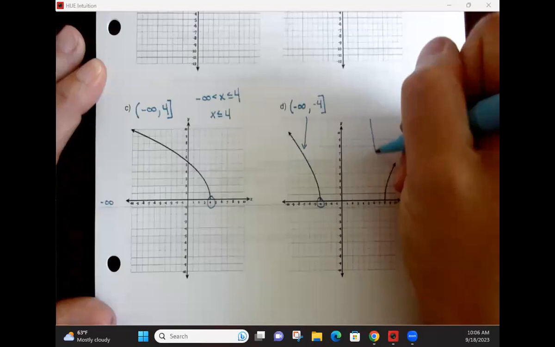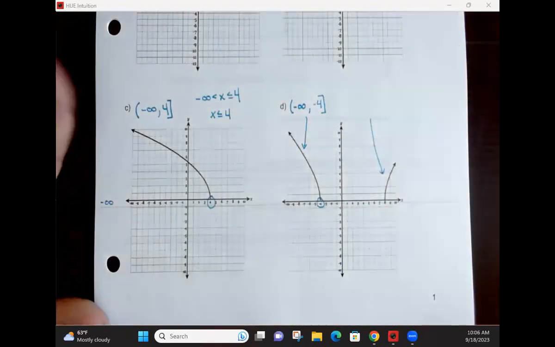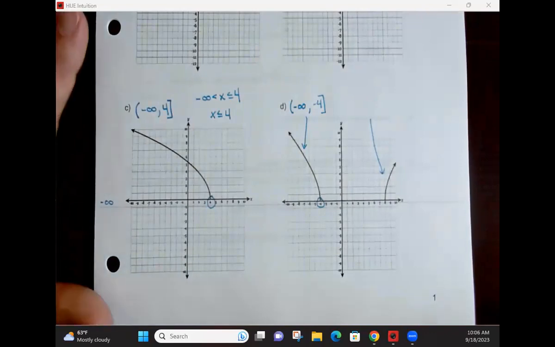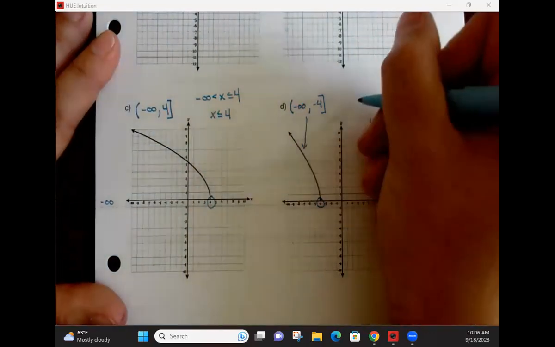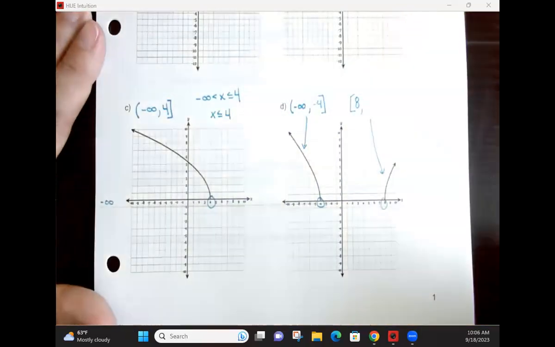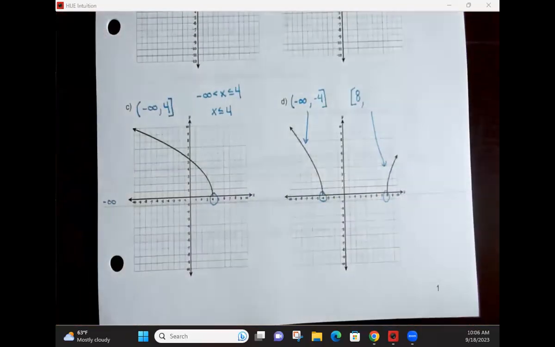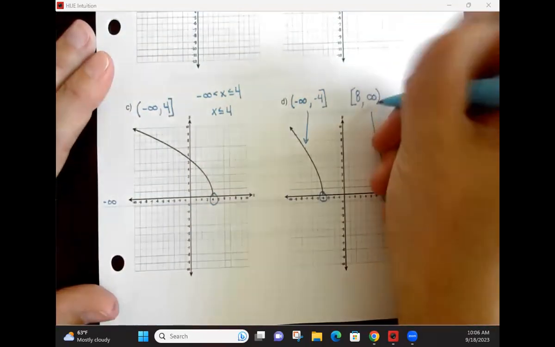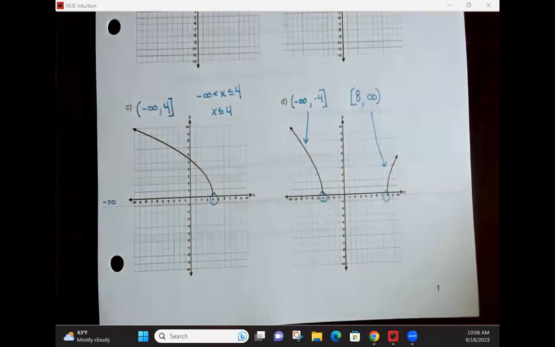And then for my other piece here, we have this big gap, and then we pick up where? We pick up when x is 8. Since I actually have a point at 8, I'll use a bracket there. And then I keep going until infinity. And since it's infinity, we use a parenthesis.